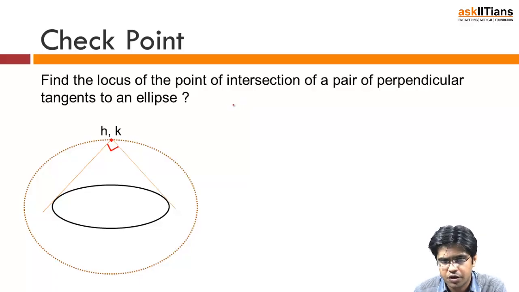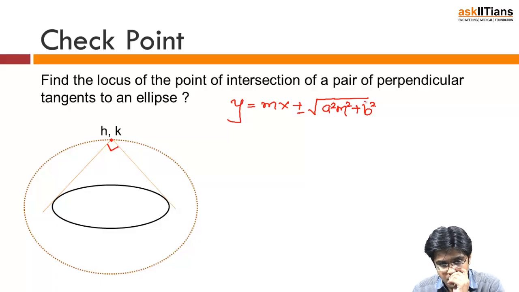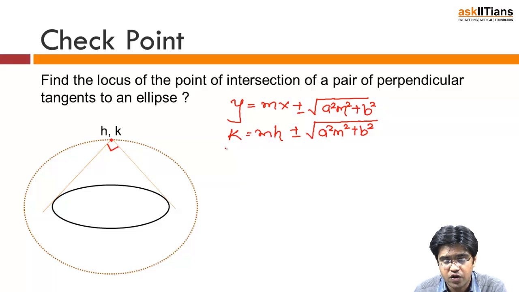What am I saying? Look here. We know that the equation of tangent is y is equal to mx plus minus square root of a square m square plus b square. Now this equation passes through h comma k, so I am going to satisfy this point. k is equal to mh plus minus square root of a square m square plus b square. Now we are going to find the locus of h comma k.